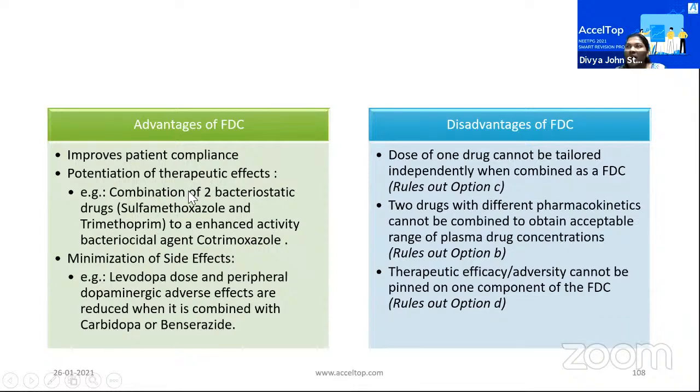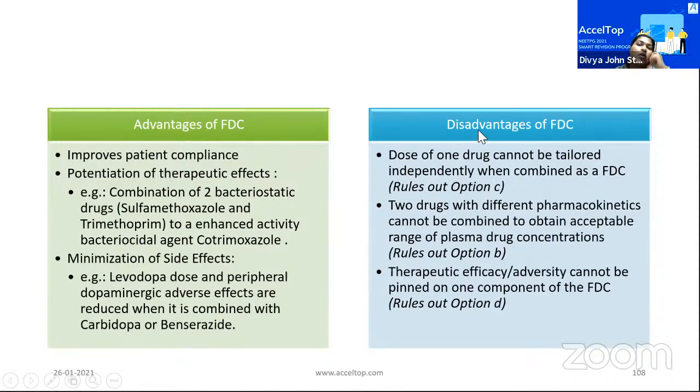So this is a classic example of sequential blockade. Minimization of side effects: the levodopa dose and the peripheral dopaminergic adverse effects can be reduced when it is combined with a decarboxylase inhibitor like carbidopa and benserazide. Okay. So because you can reduce the dose required of levodopa.